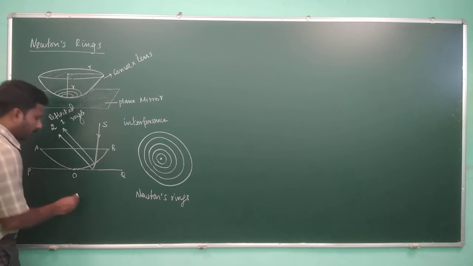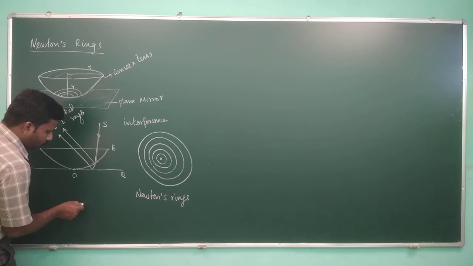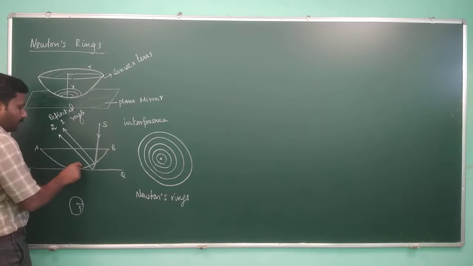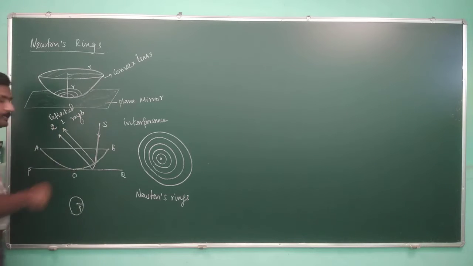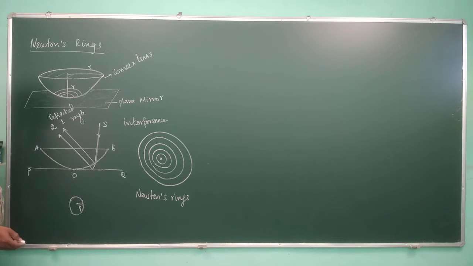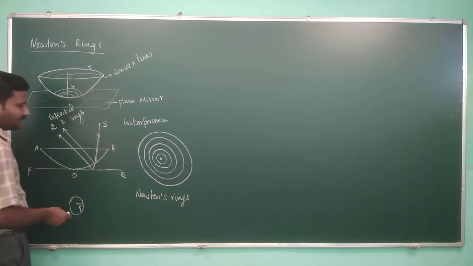So if this is origin, from origin at a distance r1, the thickness will be the same, so that for that particular thickness we have either a bright or a dark spot, depending upon which condition is satisfied.